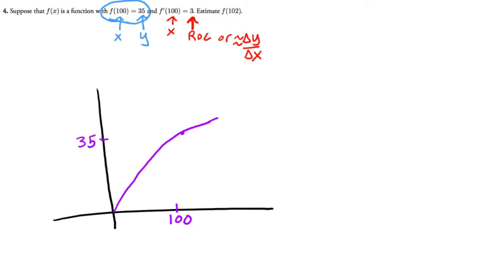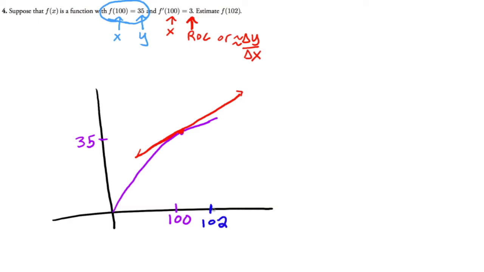So when it says the derivative is equal to 3, that means that if you go over to, let's say this is 102 right here, that means that if you go over 2, then since the slope of this line is 3, this guy would be up 6.